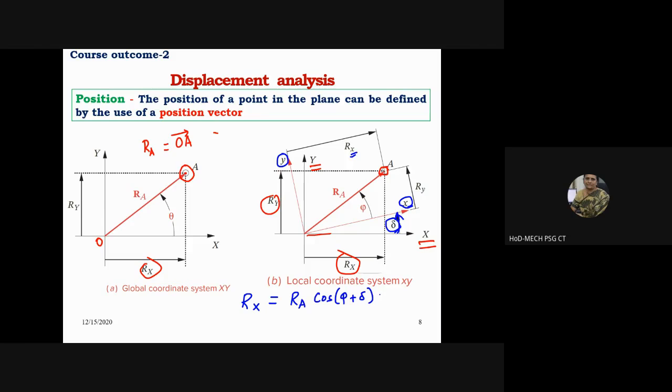Is it not? Rx will be RA cos (phi plus delta), or Y will be RA sin (phi plus delta).